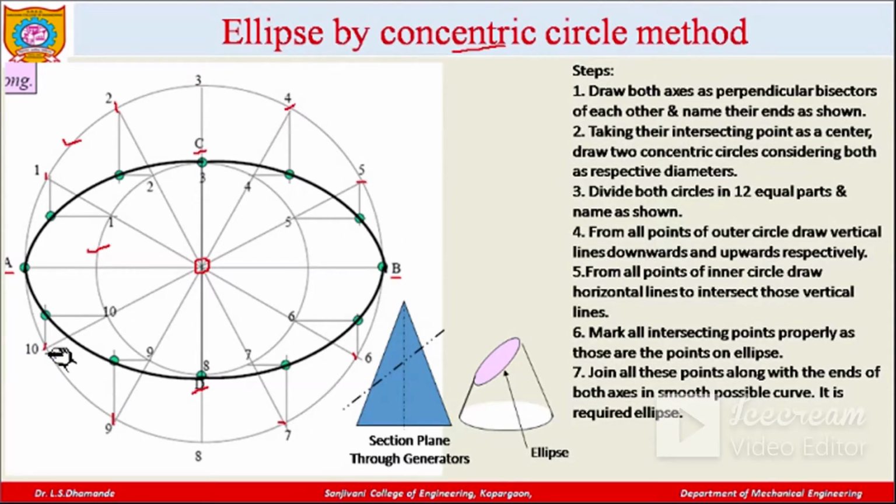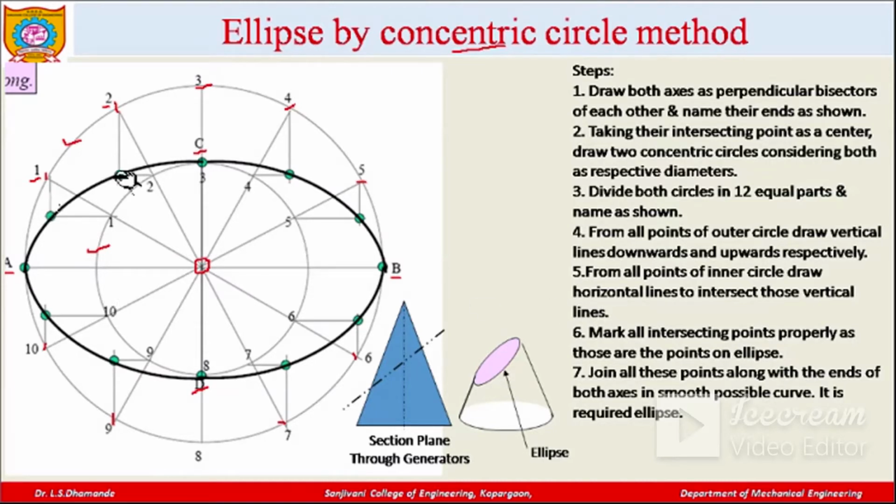Once you have drawn these arcs by taking the compass length equal to the radius and are getting these different points, you mark this point as 1, this point as 2, then 3, 4, 5, 6, 7, 8, 9, 10. Then there are A and B, 11 and 12, so 12 parts are there in this circle.